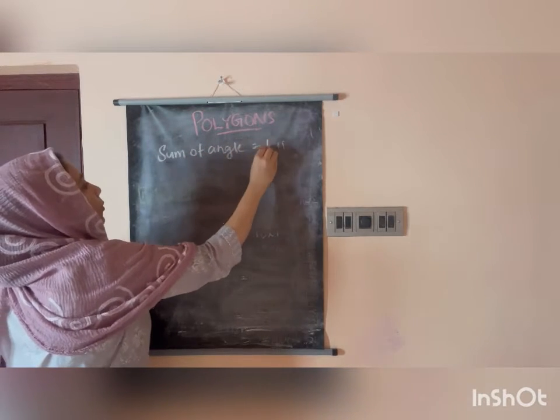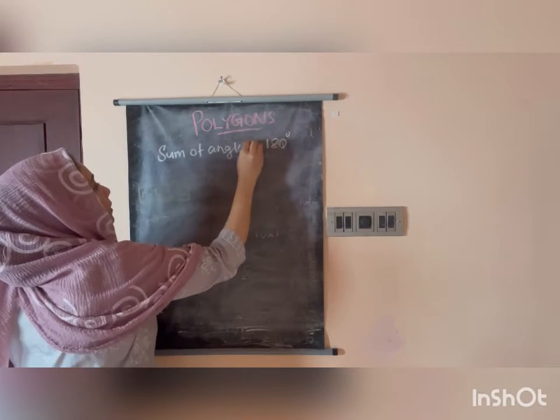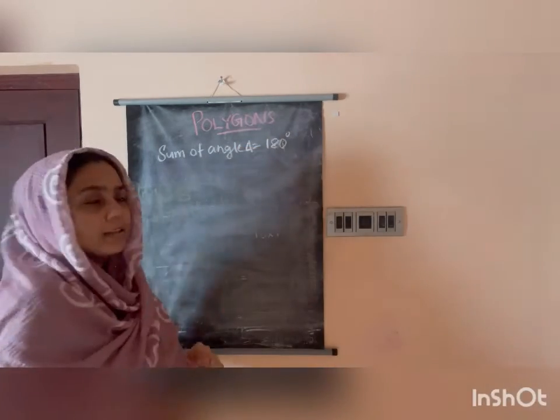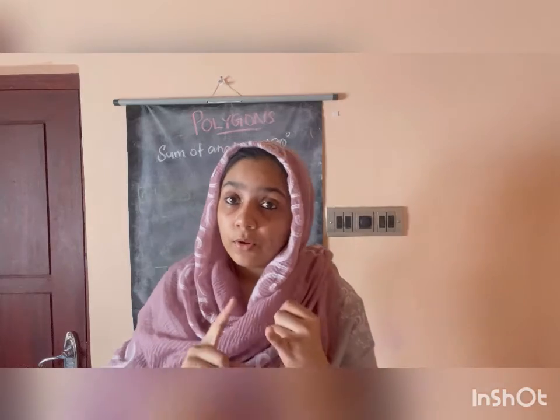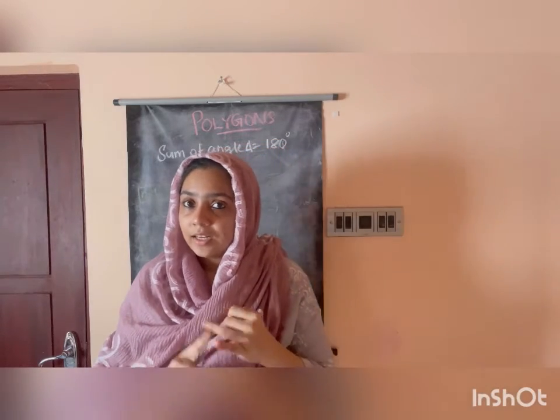Yes, 180 degrees. The sum of angles of a triangle is 180 degrees. We need to discuss the sum of angles of a quadrilateral, pentagon, hexagon, etc., and also n-sided polygons, a polygon with n sides.